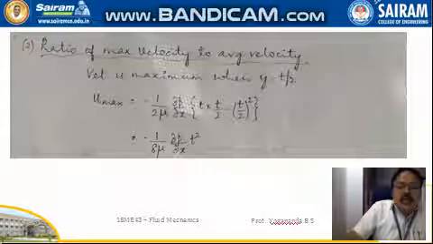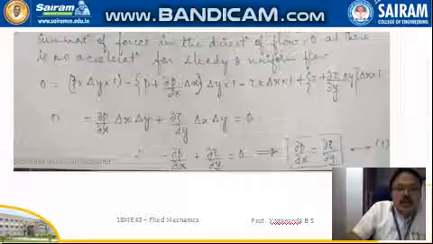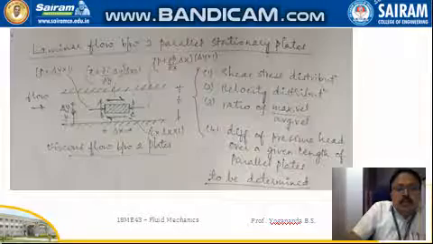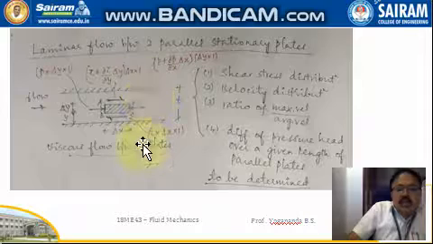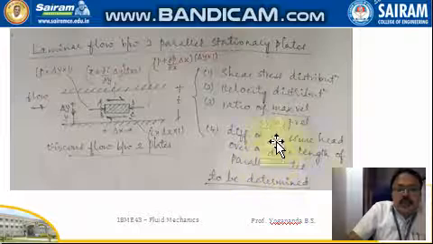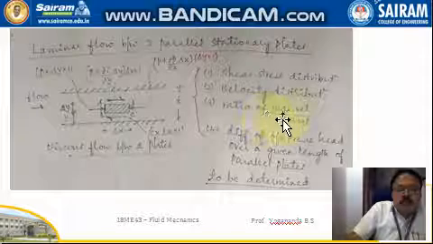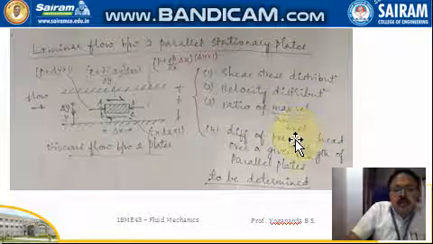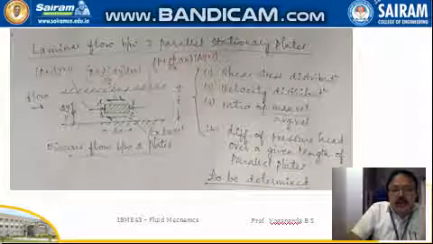If you recall the earlier part of this derivation, we have the two parallel fixed stationary plates shown here, for which four equations are to be determined: the shear stress distribution, the velocity distribution, the ratio of maximum velocity to average velocity, and the difference in pressure head over a given length of the two parallel plates.